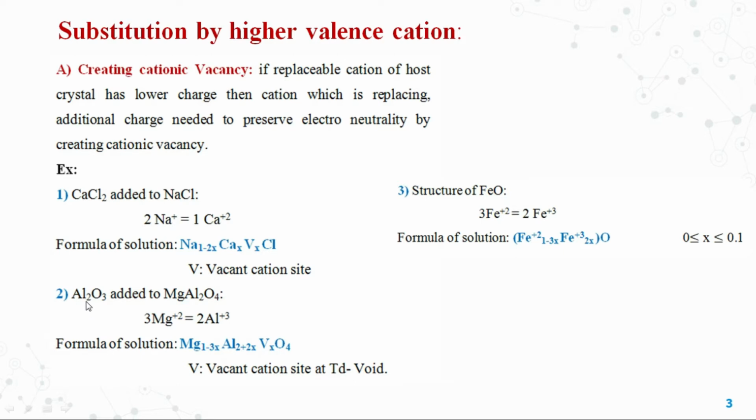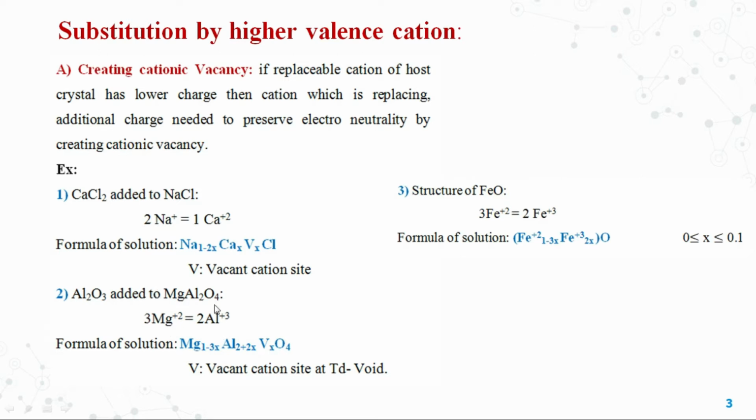Similarly, when we add aluminium oxide, that is Al2O3, in MgAl2O4, in this case magnesium is +2 charge, aluminium is +3 charge. If some magnesium is replaced by aluminium, to maintain electrical neutrality, I need to remove 3 magnesium ions and I can add 2 aluminium +3 ions. In this case, as you can understand, there is a creation of one vacancy in each such substitution.